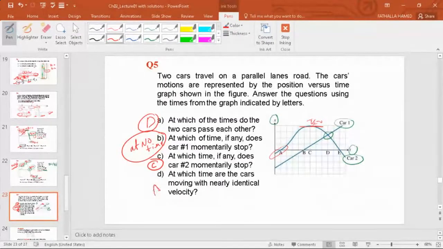So you'll find that at position A here, that's when the two cars have identical velocities. Okay. Is this clear? Is this clear?